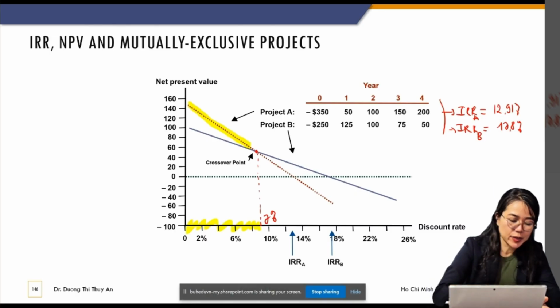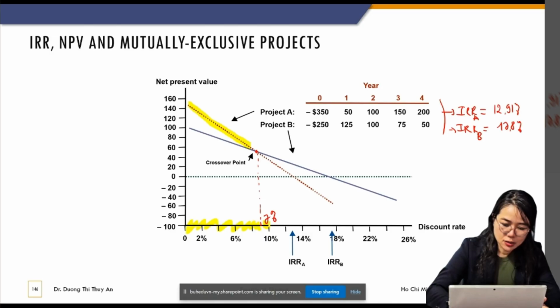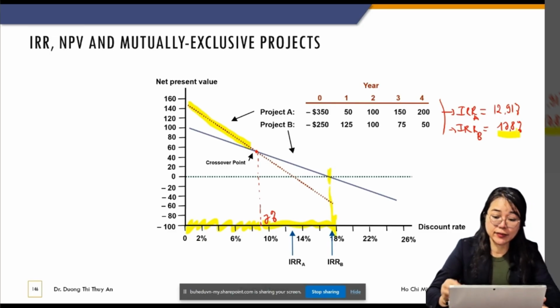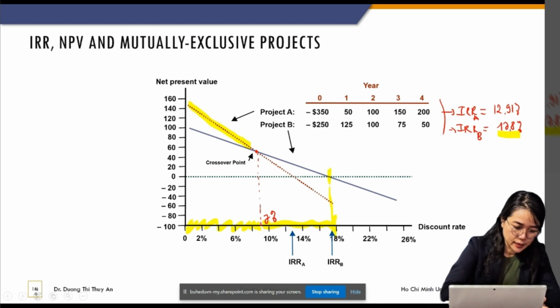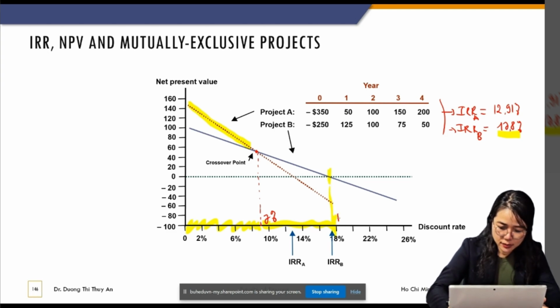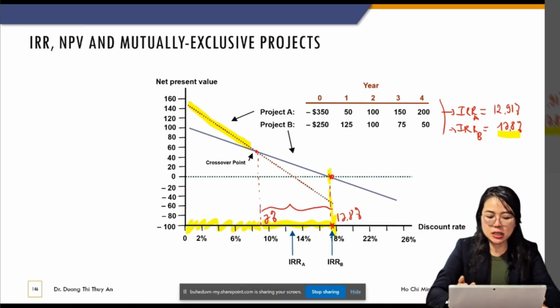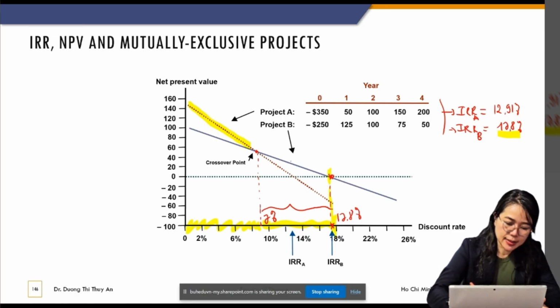But if the required rate of return is somewhere between 7% and 17.8%, this point here is the IRR of project B, then project B has higher NPV.